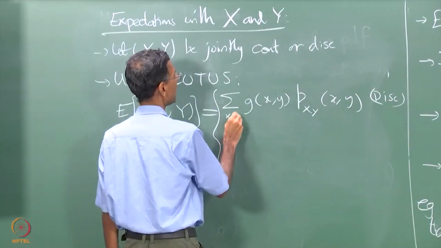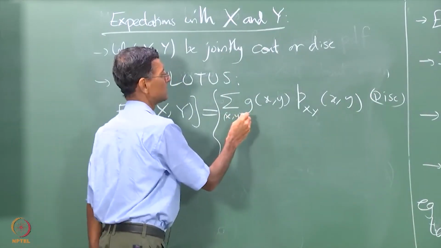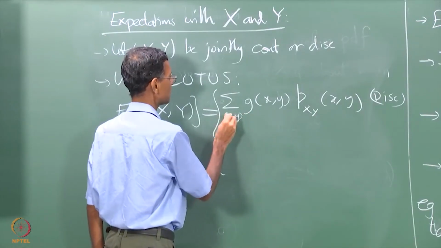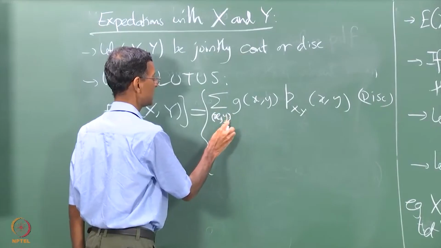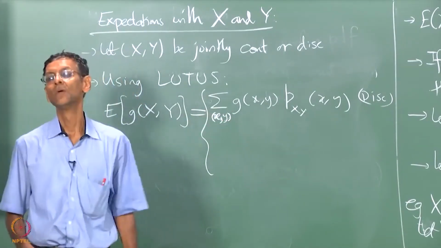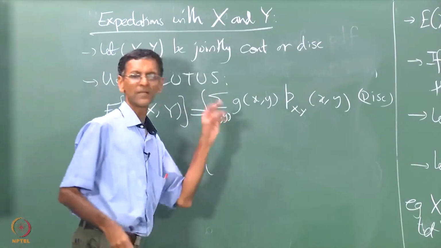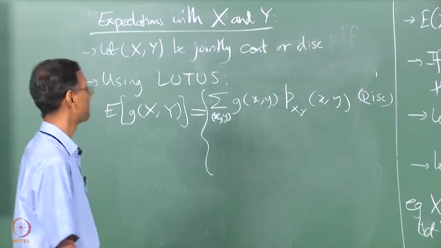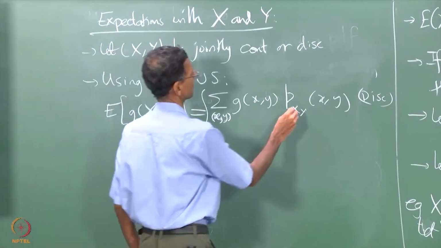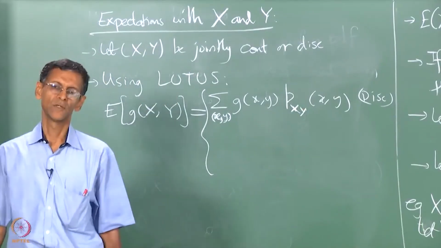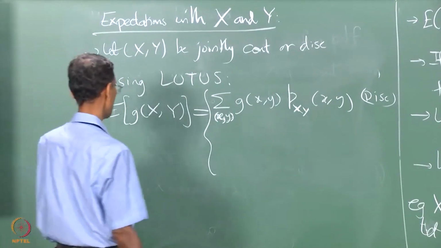So over all allowed pairs x, y in omega xy. I think this may not come so clearly in the recording, but can't help it. So that means that you are doing the sum over all points in the space omega xy.